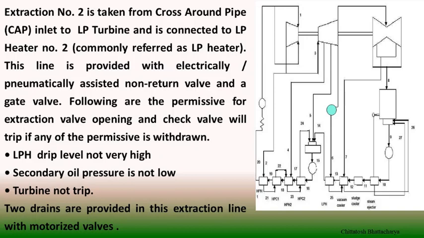These permissives are LP drip level not very high, secondary oil pressure not low, turbine not tripped. There are two drain valves, drains are provided in this extraction line with motorized valve, and this LP heater is placed just before boiler feed tank inlet.